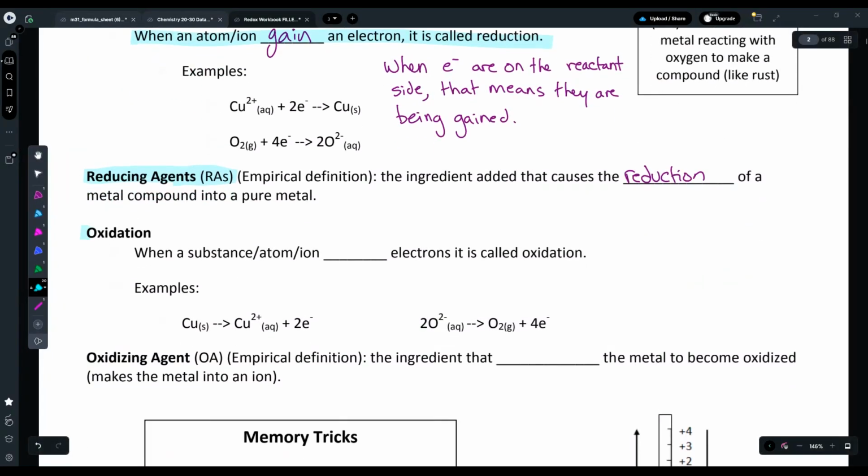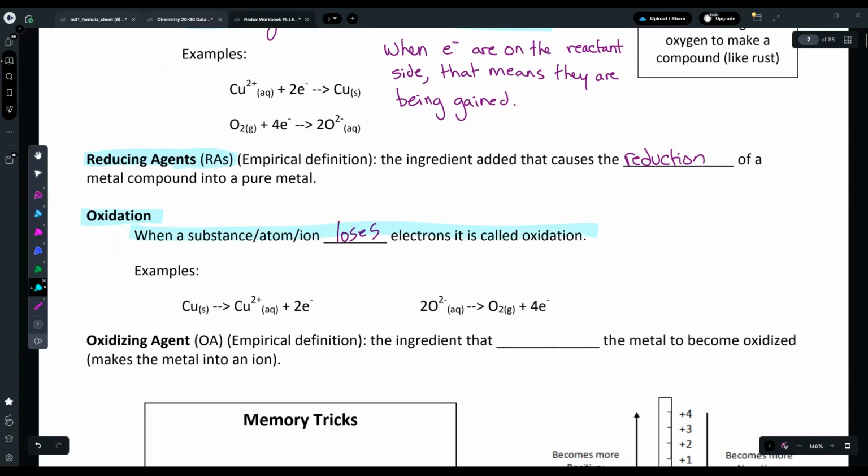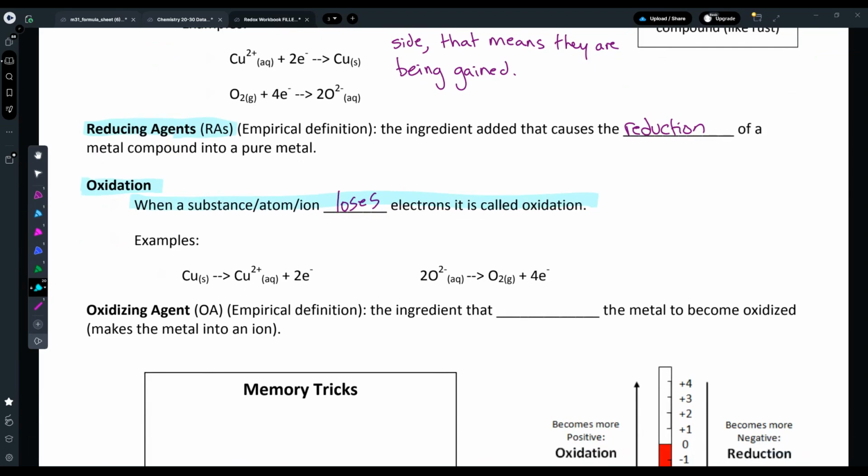Now oxidation, again, is a term that you're going to want to know. It's when a substance, atom, or ion loses electrons. So for example, copper solid undergoes oxidation and produces copper 2+ as an ion and 2 electrons.